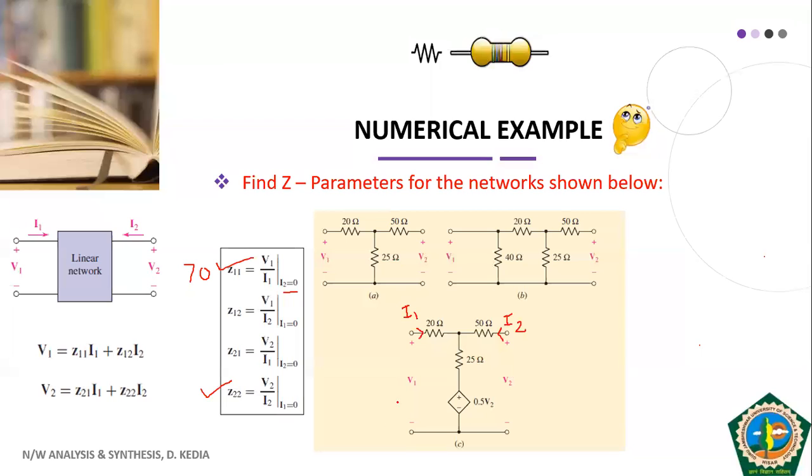So what we do, I1 0, that means this resistance will no longer be in the picture. We need V2 upon I2. So now we will write equation for V2. So for V2, it will be apply KVL in this loop. Okay. So V2 will be 75 I2, okay, plus 0.5 V2.